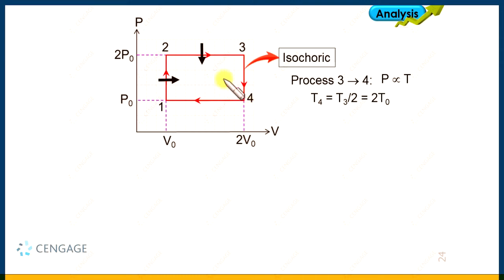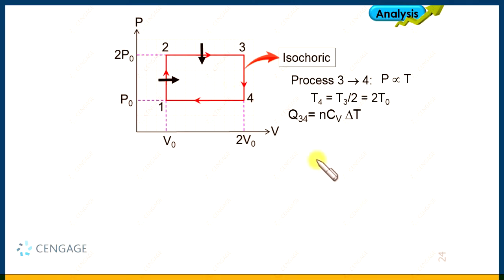Now, let us calculate the heat associated with this process. We know this is an isochoric process, so we can write nCVΔT, and we know ΔT for this process is negative. That means Q34 will be negative, right? That means heat will be rejected by the system here.